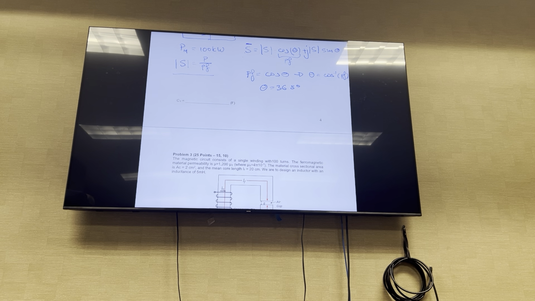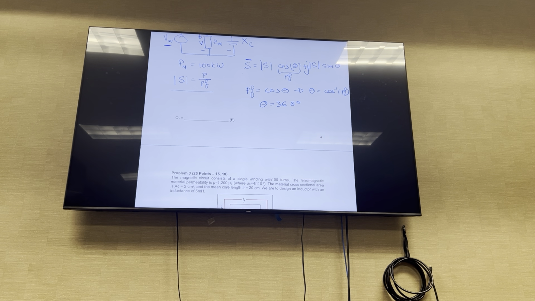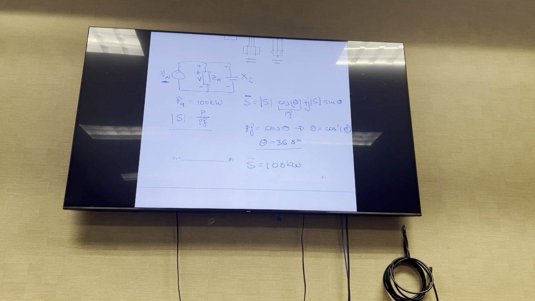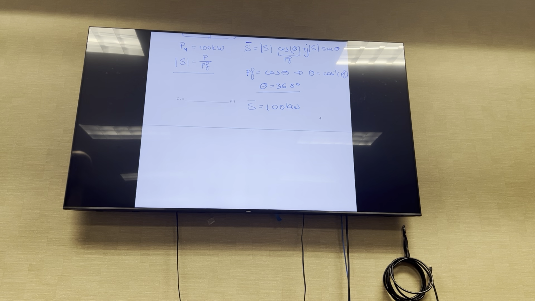And I just happen to have that memorized, but from here I can basically solve for S. S will be the 100 kilowatts, and then I have plus or minus. This is a motor that's inductive. Is the Q positive or negative for an inductive system?